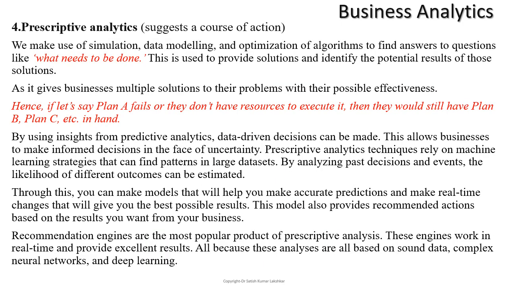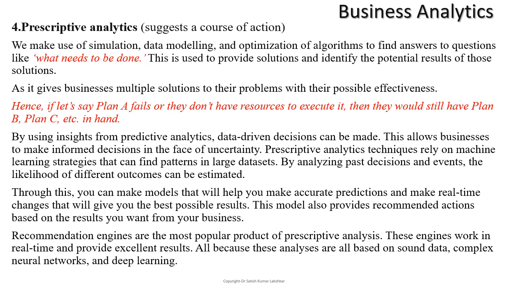Now the fourth one is prescriptive analytics. This suggests the best course of action: what needs to be done? It gives a business multiple solutions to their problem with their possible effectiveness.